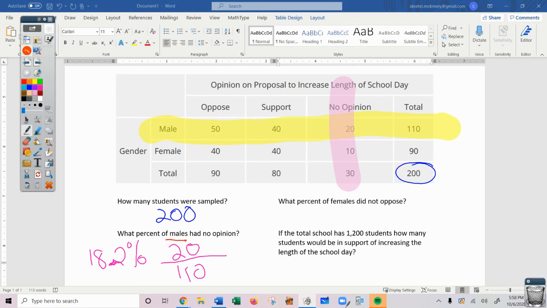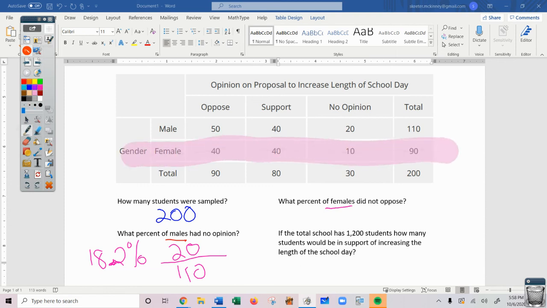On our next one, what percent of females did not oppose? Well, when we look at this one, if we want the percent of females, again, this one's really nice. It's got the total for us. So our female population is 90. Did not oppose.